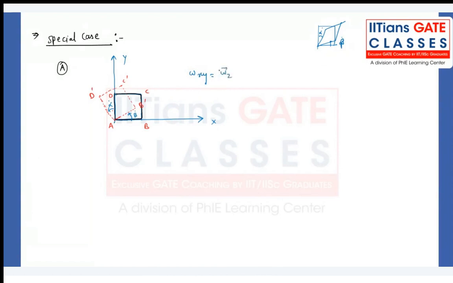Omega about the z axis, because it is in the xy plane, so rotation will be about the z axis, which is perpendicular to the plane of this board. Now here, what is my average rate of rotation? Clockwise I have taken what? Tell me guys, what about the clockwise rotations?